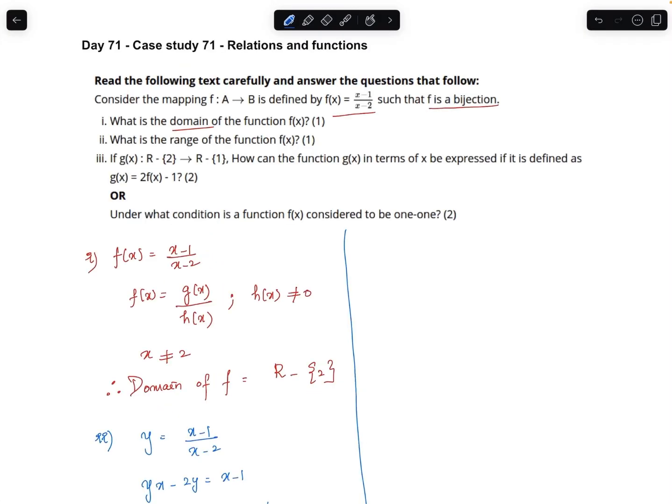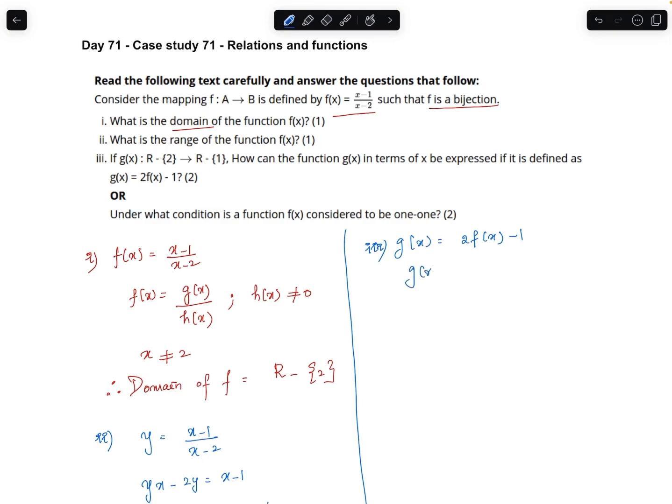Question 3. If g of x is from R minus 2 to R minus 1, how can the function g of x in terms of x be expressed if it is defined as g of x is equal to 2 times f of x minus 1?